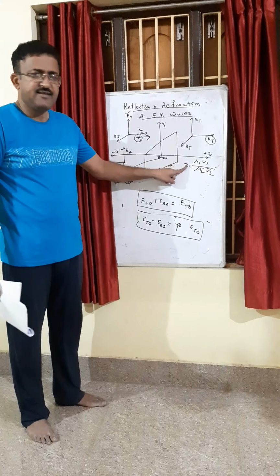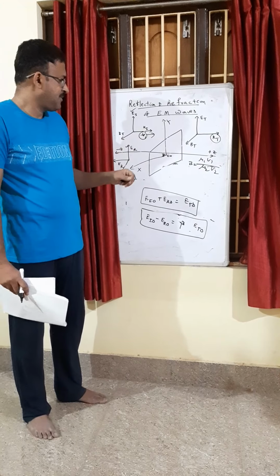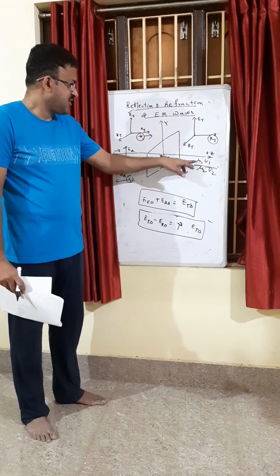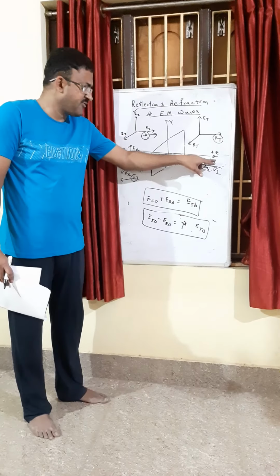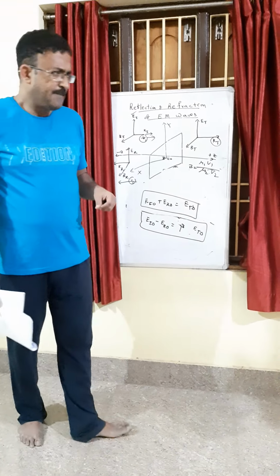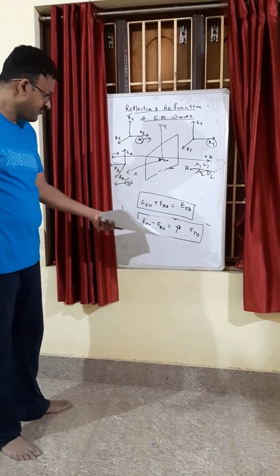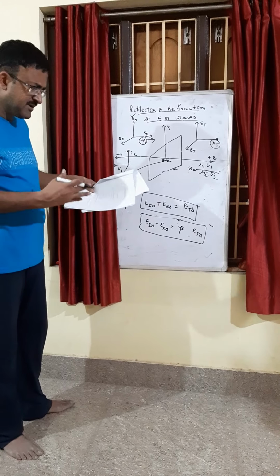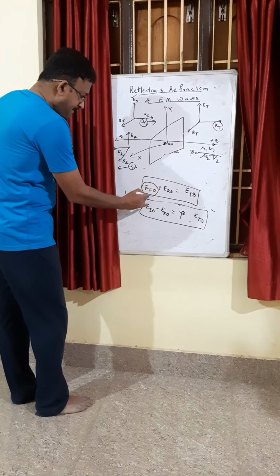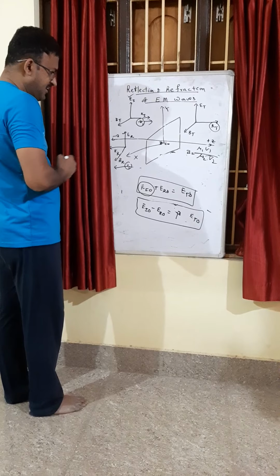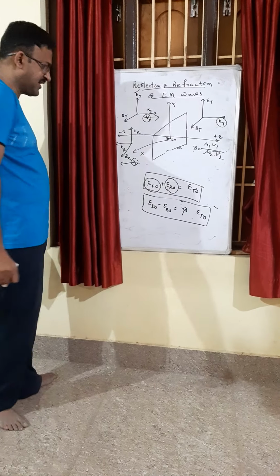That beta will be decided by the nature of the dielectrics on both sides, because this is the permeability of the two mediums and this is the velocity, which will be determined by the permittivity. Now these two equations can be solved to obtain the expression for the electric field in the incident part and in the reflected part.